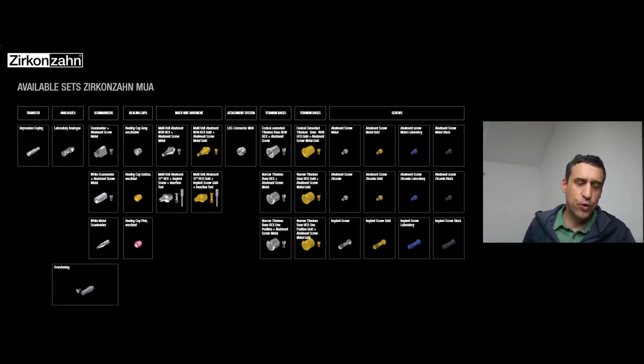And of course, the laboratory analog, the regular one, is for plaster models. Then you have the three different scan bodies, so the regular one and the white one. And then you can find here something new that I like a lot, the white metal scan body. The white metal scan body, you can see we have a connection in metal. It is a complete piece.